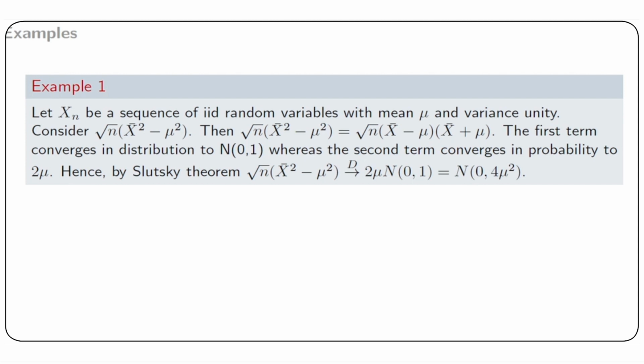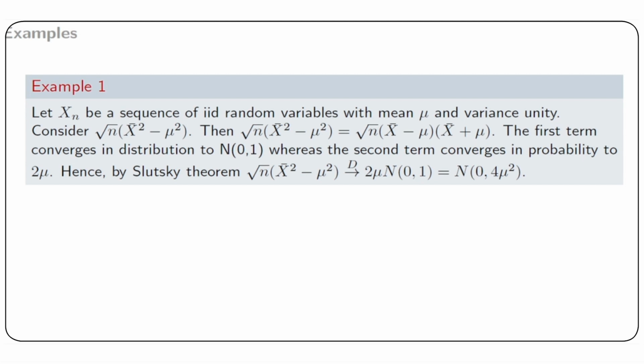So first of all, assume that this mean is non-zero. Now consider the convergence of square root of n times X bar squared minus mu squared, where X bar is nothing but the sample mean based on n IID observations. Then we can write square root of n multiplied by X bar squared minus mu squared as square root of n multiplied by X bar minus mu into X bar plus mu.